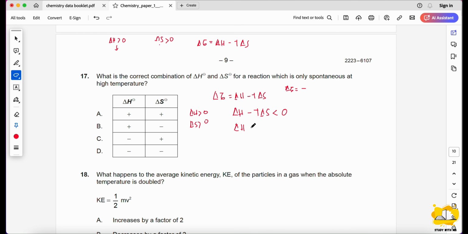If we divide by delta S, delta H over delta S will be smaller than T. This shows that the ratio of delta H to delta S must be less than the temperature for the reaction to be spontaneous at high temperature.